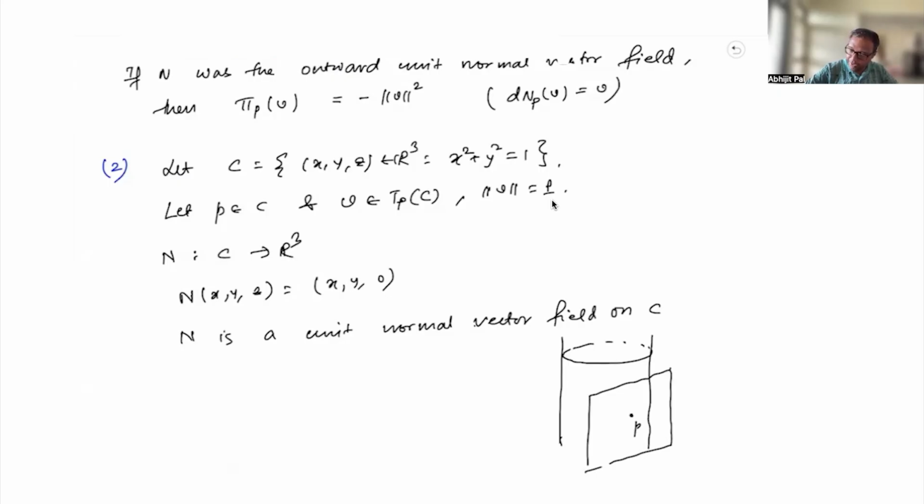First let me take this vector B to be parallel to Z axis. So B is just a vertical vector and B is also a unit vector.